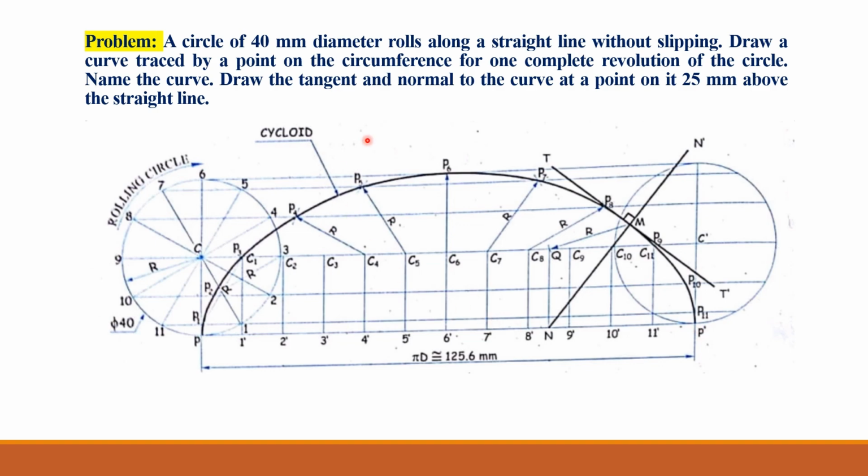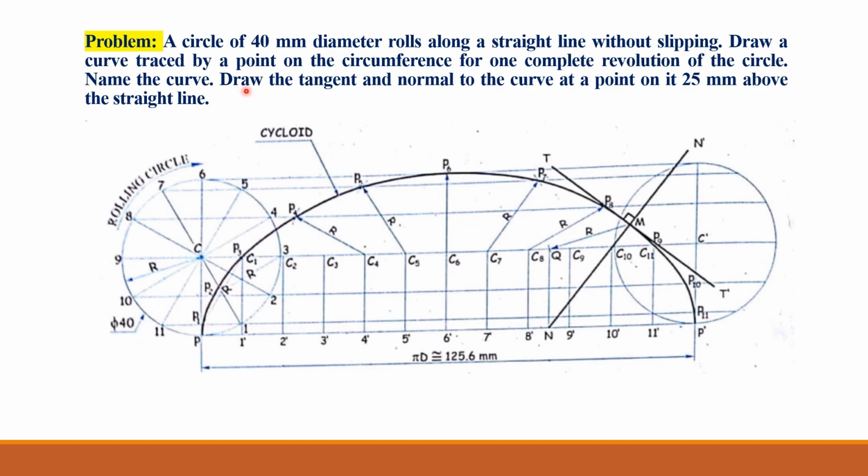So this circle covers its one complete rotation. Then we have to draw the path traced out by this point P when it moves with the rolling circle on its circumference. So this path, you can see here, is generated by this moving point P.